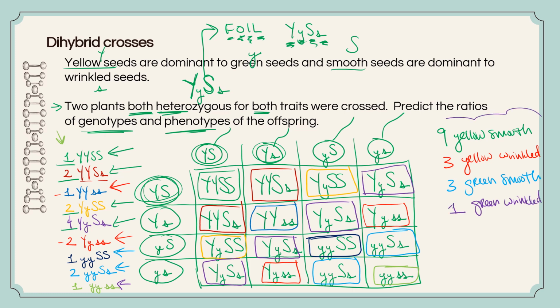Highly recommend memorize this ratio of genotypes. No, this ratio of phenotypes. So sorry. Memorize this ratio of phenotypes, 9 to 3 to 3 to 1.